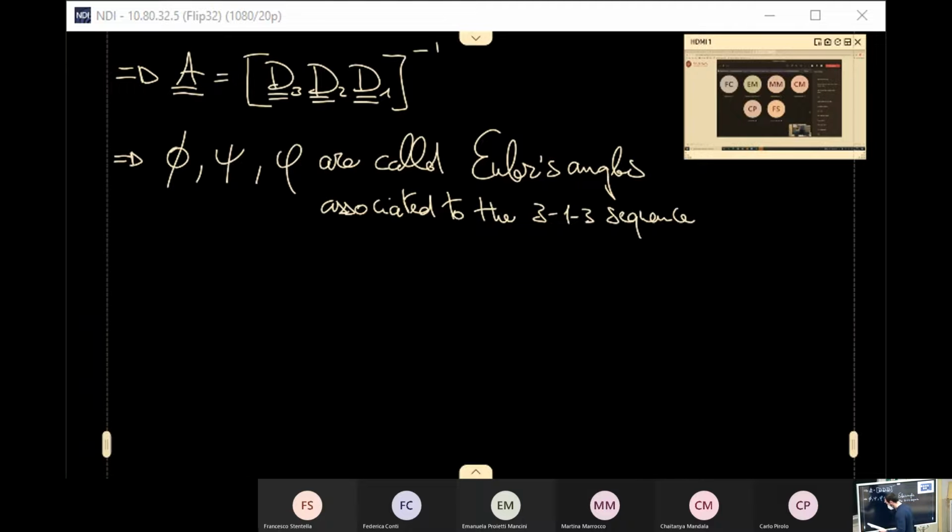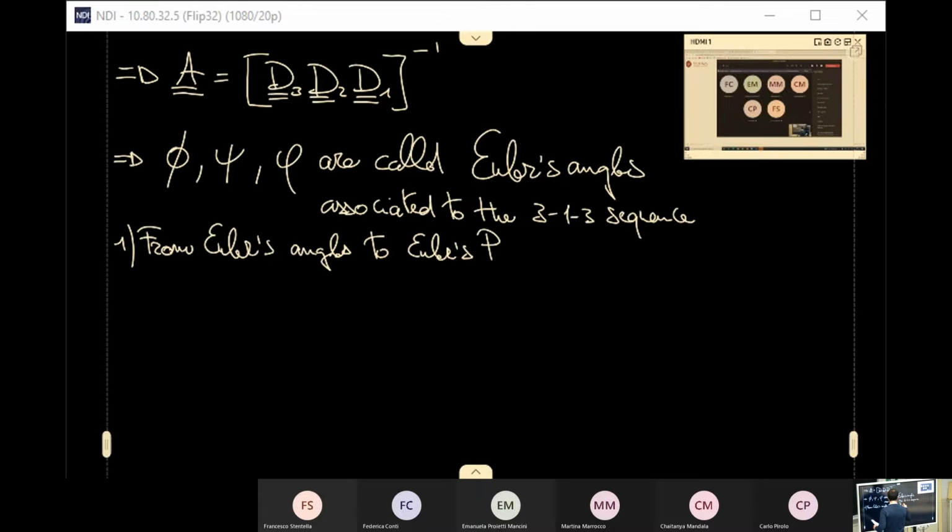And let's say the interaction between Euler's angles and Euler's parameters is the following. Okay, from Euler's angles to Euler's parameters.